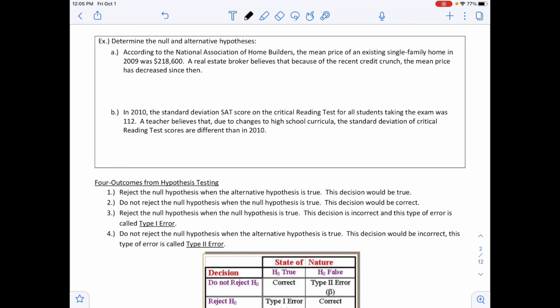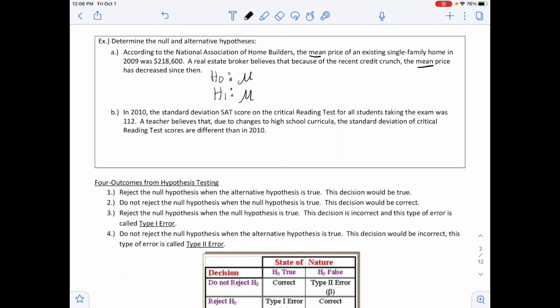So I'm going to go ahead and write down H naught and H1. And the first question that I always ask is, what parameter is it that we are discussing? And since it is saying the word mean in here, the mean price, we'll be using mu, since we're talking about the mean.